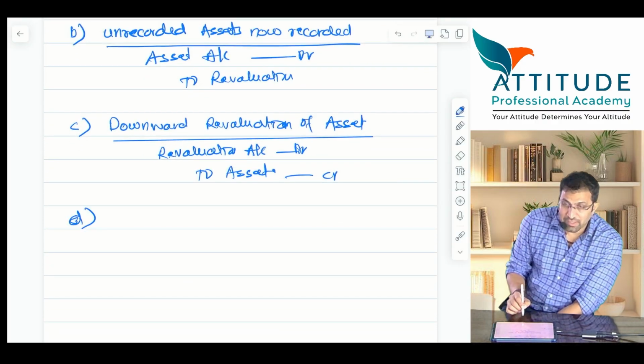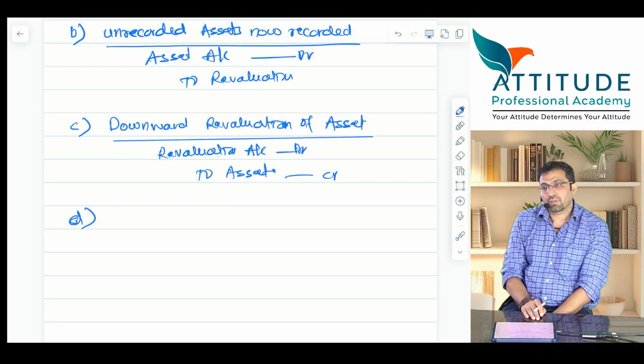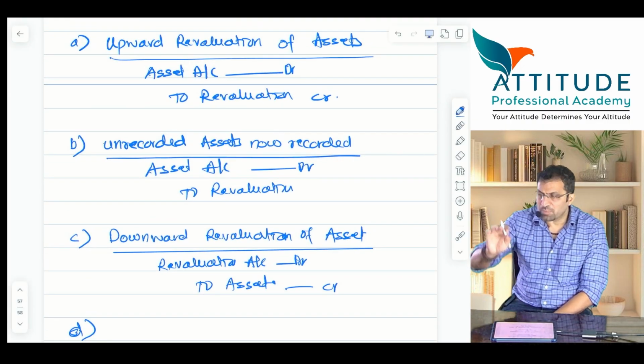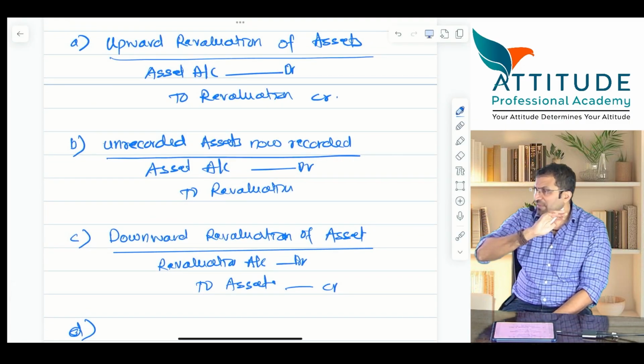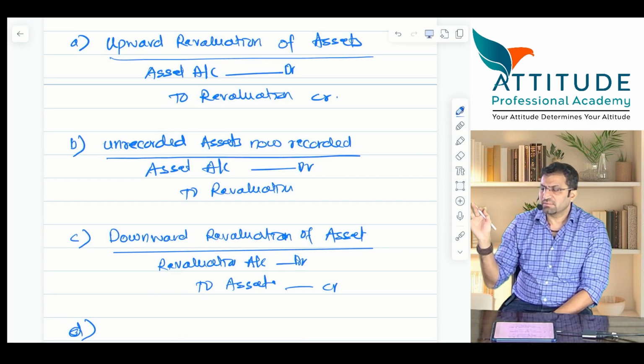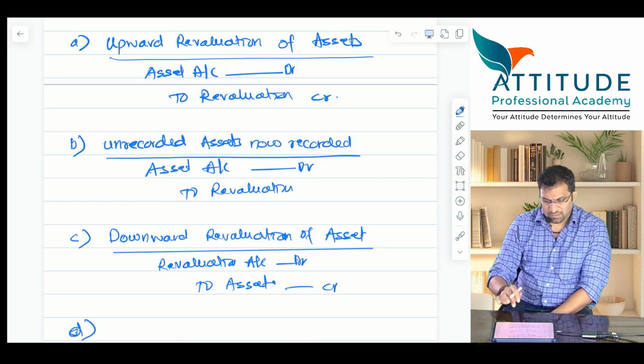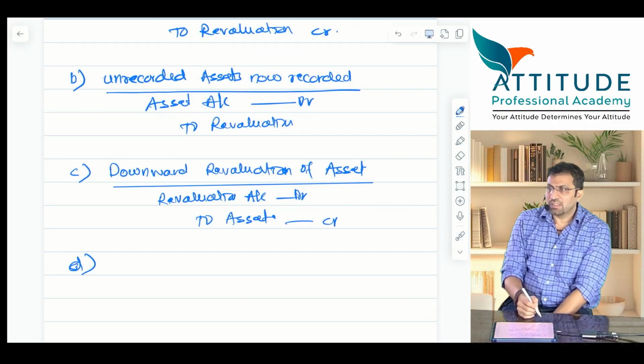D. Point number D. Okay, see, I am giving you all the possibilities. Is that clear? Okay. Now, fourth possibility.